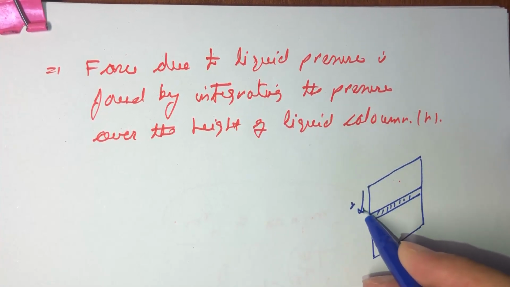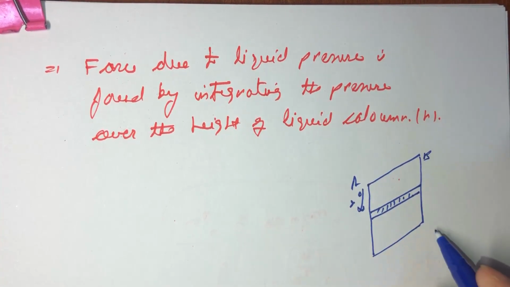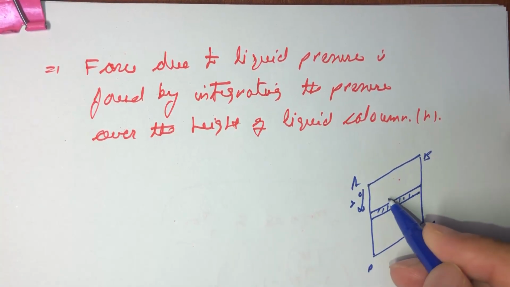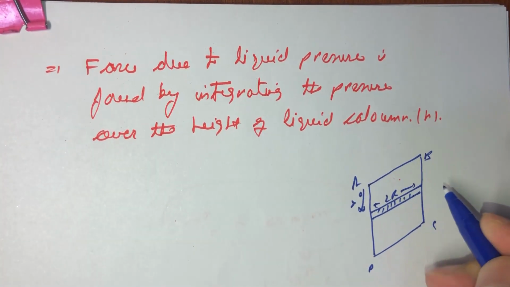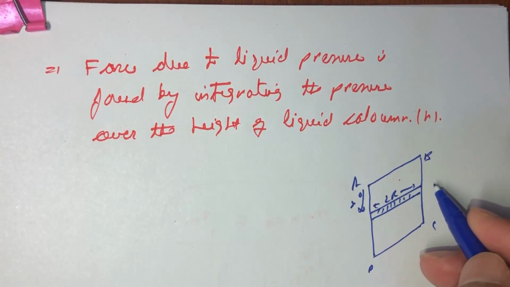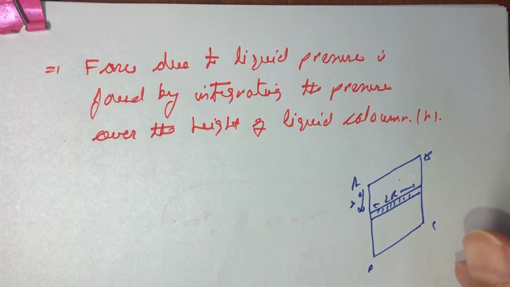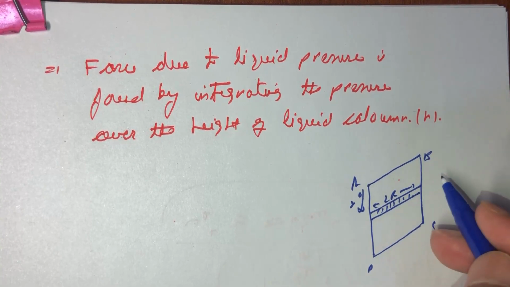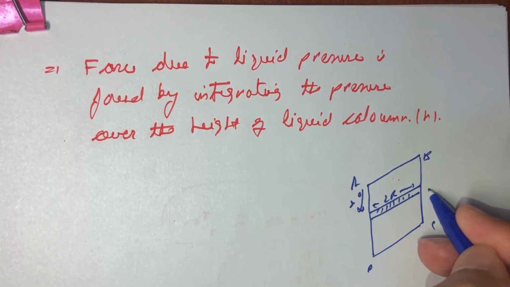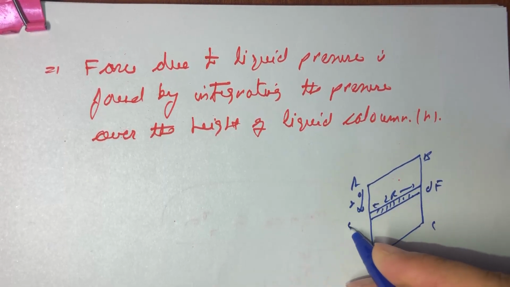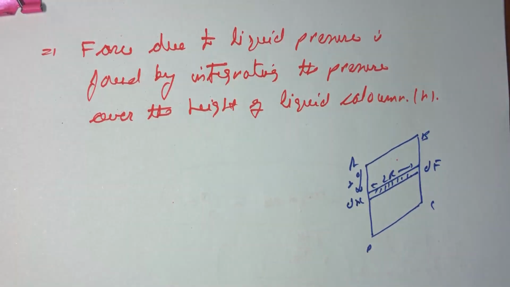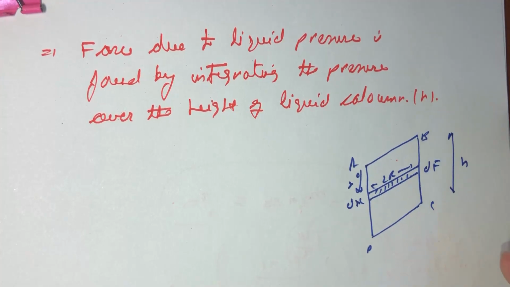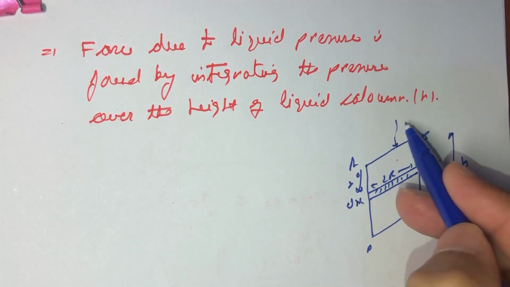So this is at a depth x, this is our A, B, C, D, and the total along the diameter will be 2r. We assume that the small value of the force acting because of the liquid pressure is df and its thickness is dx. We have a height in this direction, and this will go P naught.